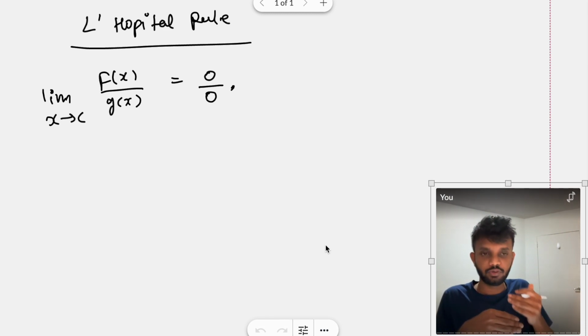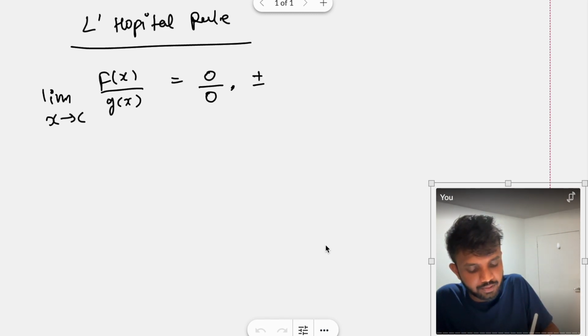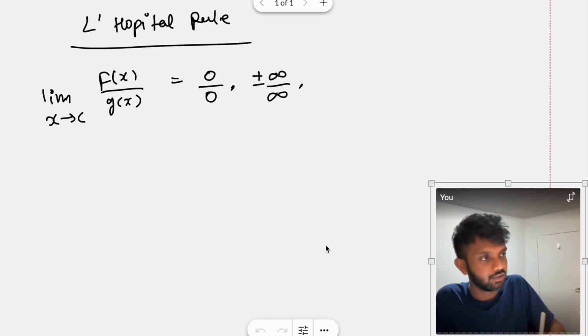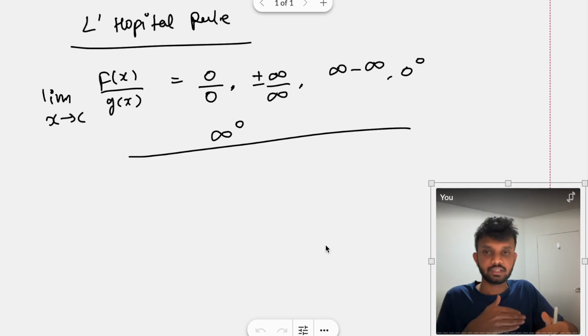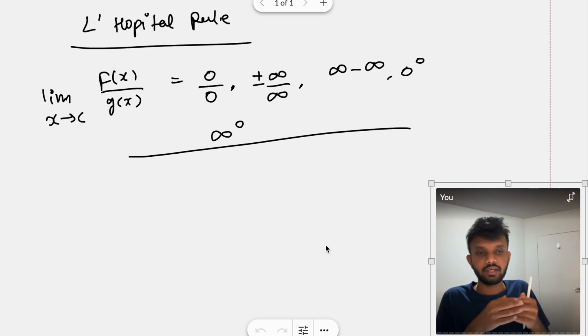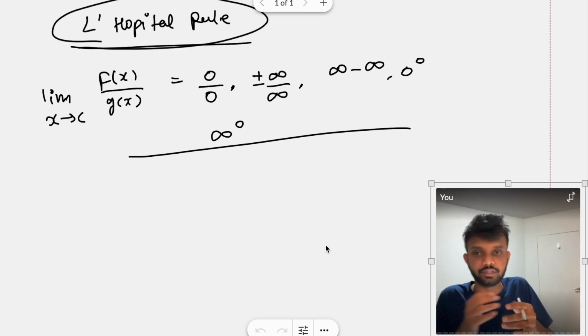We can't determine forms like 0 by 0, plus minus infinity over infinity, infinity minus infinity, 0 to the power 0, infinity to the power 0. When we encounter such kind of f(x) over g(x), like 0 by 0, infinite by infinite, infinite by minus infinite, we can't determine the exact values, right? So in that case we'll be applying this L'Hopital rule.